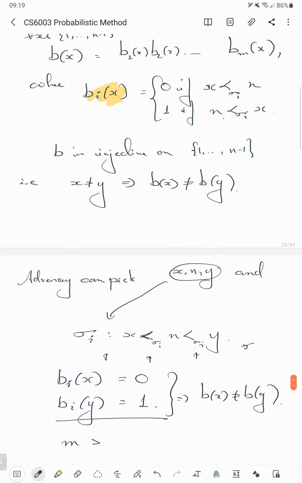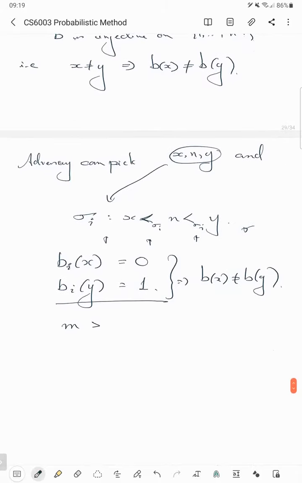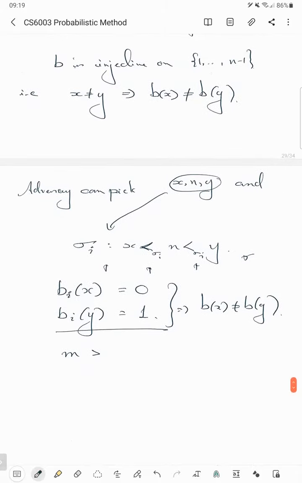And then we argued that B is indeed an injective function from 1 to n minus 1 to the binary strings, because if x and y are different elements, the adversary can pick x, n, y as the sequence of 3 elements, and there should be at least one permutation sigma_i in your family F such that x comes before n, which comes before y, which means the ith bit for x is 0 and the ith bit for y is 1, which shows that the encodings are different. So this is a quick recap of what we did not record.